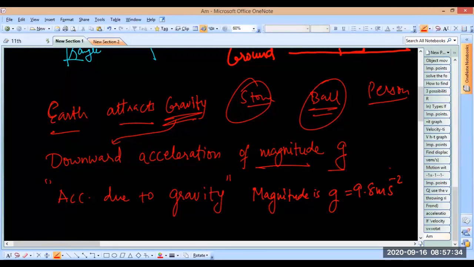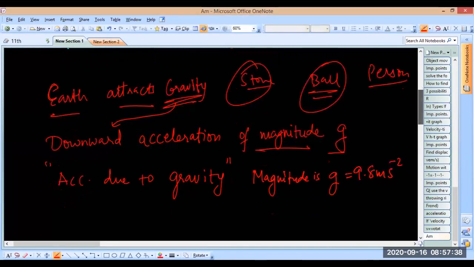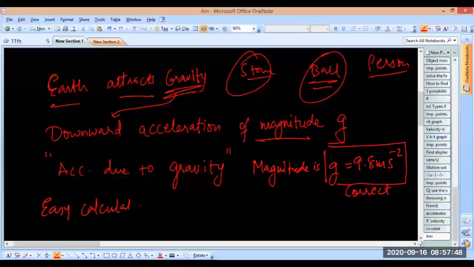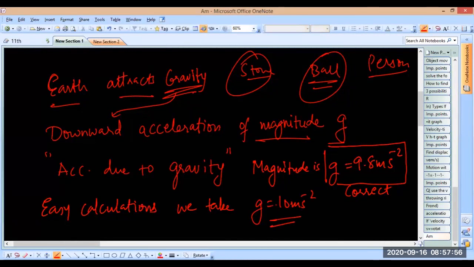Yes, but listen to this carefully. For easy calculations, see, this is the correct value. Let me tell you, this is the correct value. But for easy calculations, we often take g is equal to 10. All right, we often take g is equal to 10. Clear? So that numbers are easy.